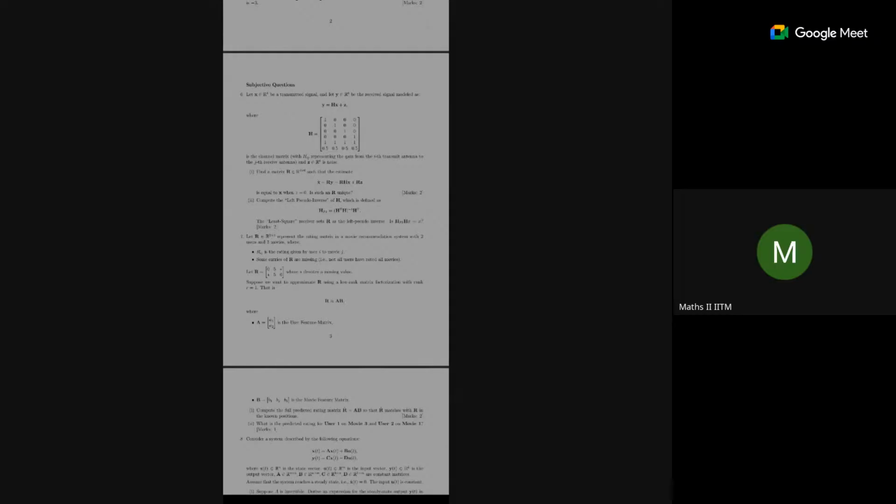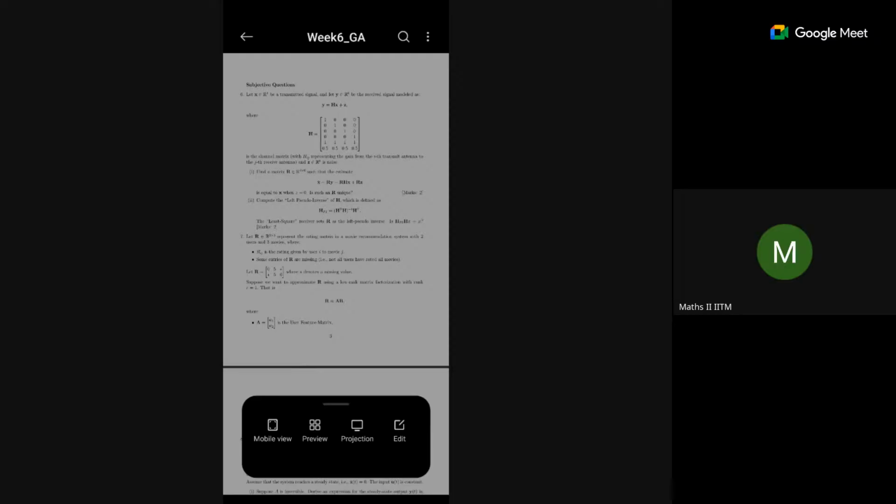Okay, one minute. It's visible, but not clear to me. Yeah, I can present this question on mine. Yes, please present, because it's mobile view, so I'm not able to see properly.